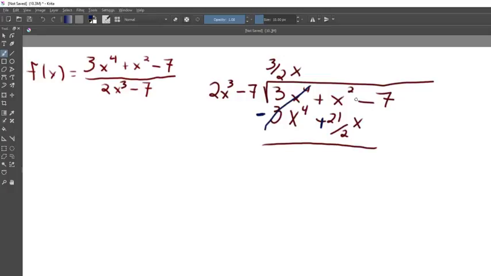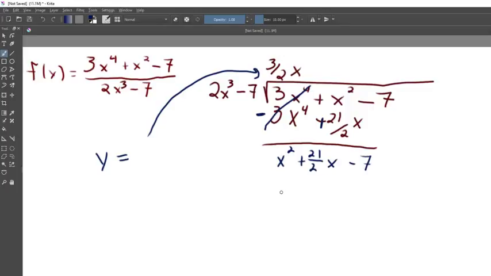And all 3 of these are in different terms, so none of those combine: x squared, 21 halves x, and a minus 7. Now with this long division, the equation of the slant asymptote is going to end up being y equals the quotient up here. The remainder is going to have no bearing on the slant asymptote. So this is looking kind of messy, but I don't think I'm going to have to go far enough for that.